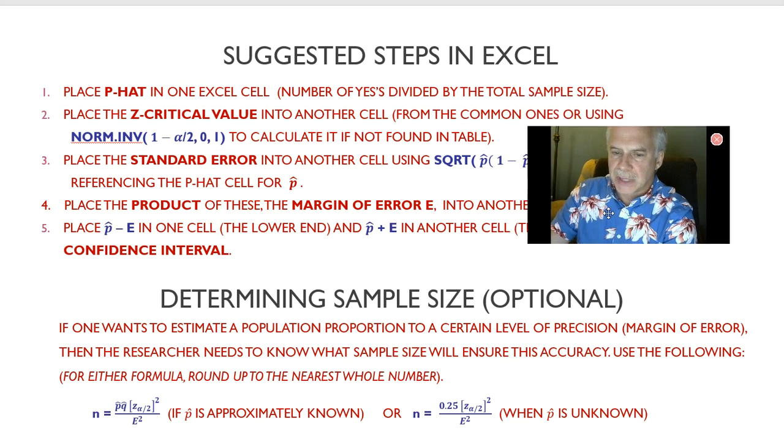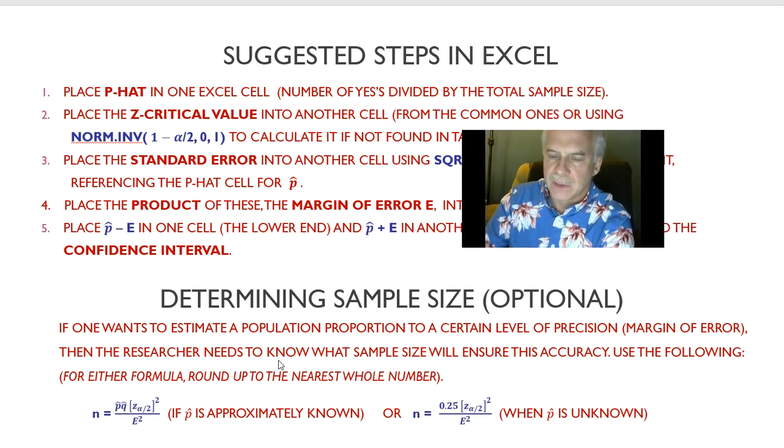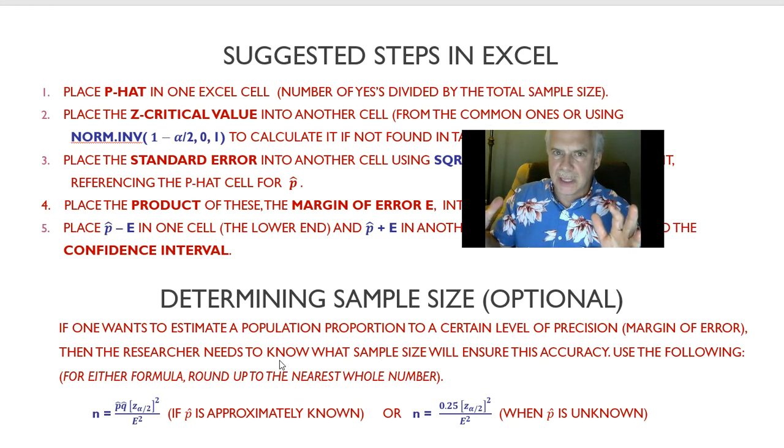Now, determining sample size. How big of a sample do you need? So let's say you wanted to poll Mercer students and get the percentage of Mercer students that are, I don't know, that are women.